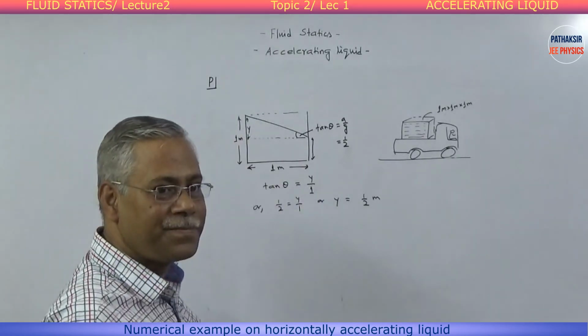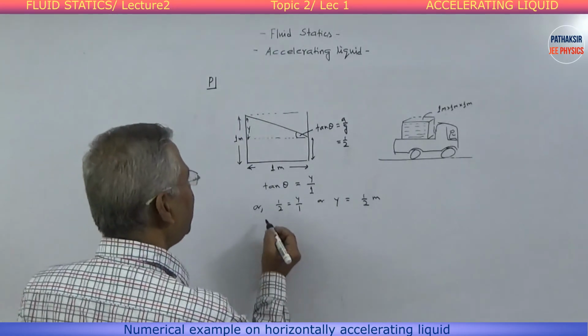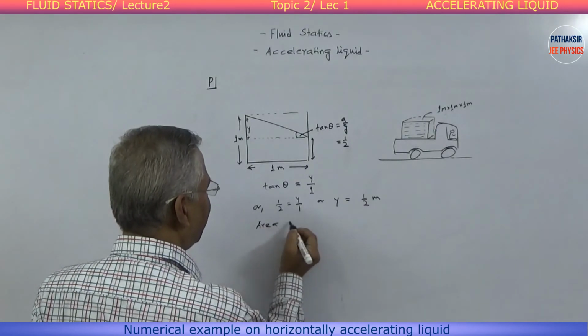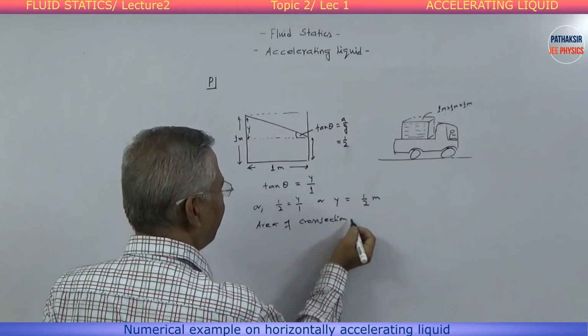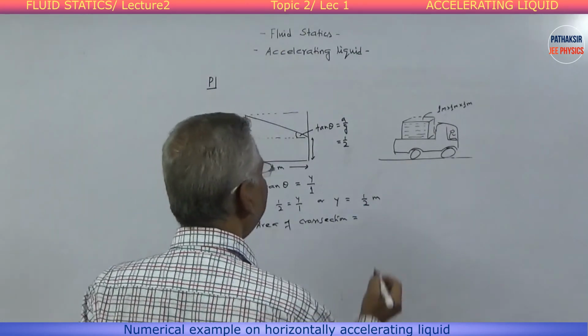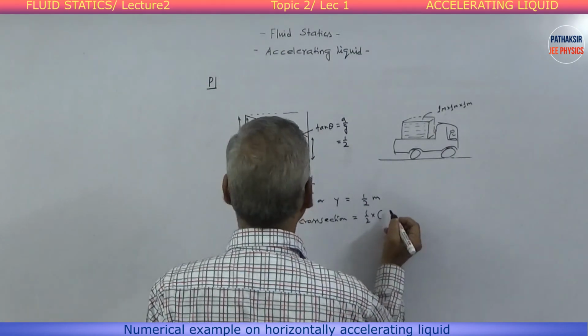Area of cross section. What is the area of cross section? Half into the sum of the parallel sides.